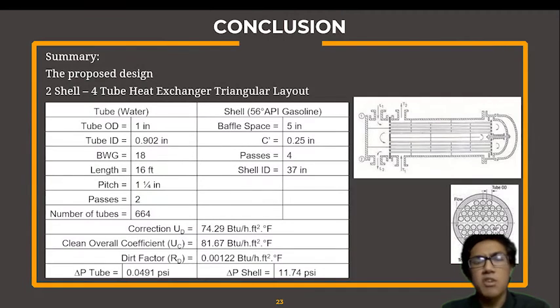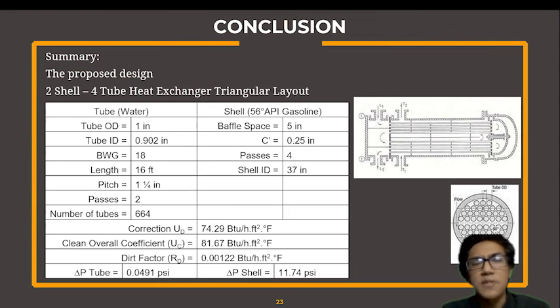The summary of our proposed design is 2 shell passes and 4 tube passes with 664 BWG 18 tubes, 60 feet long with 1 inch outside diameter and 0.9 inch inside diameter with triangular pitch 0.1382 feet. Heat transfer area is 560.38 feet square. The shell inside diameter is 3.083 feet and the baffle spacing is 5 inches with 0.25 inch cut.